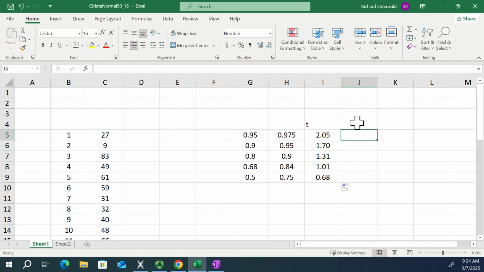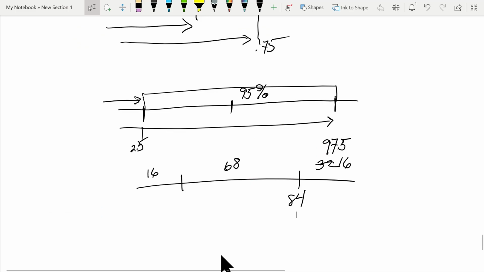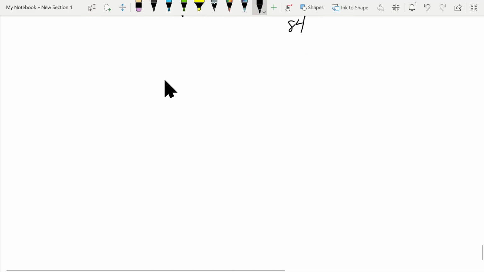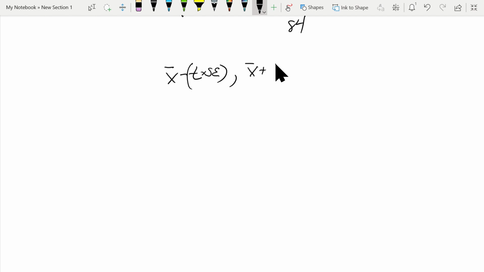So here, this part of the formula is where I have the average minus the t-value times the standard error. That's down. And the average plus the t-value times the standard error.